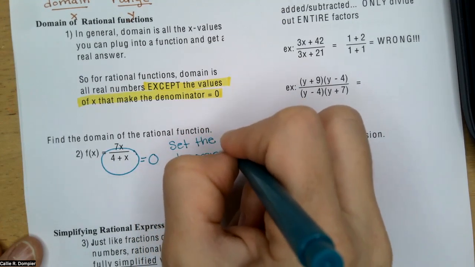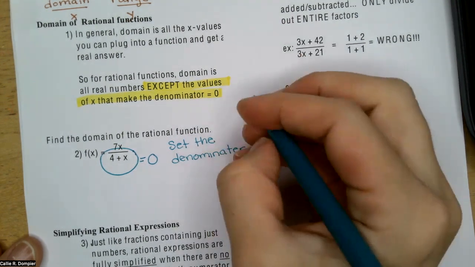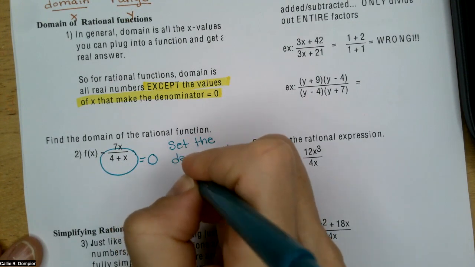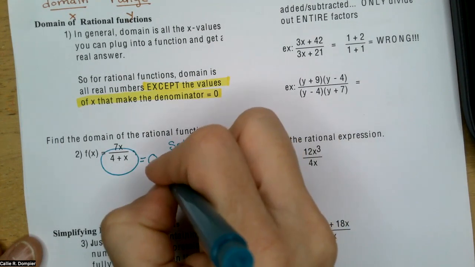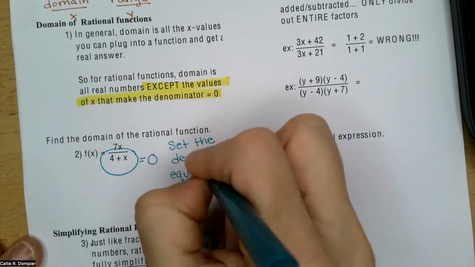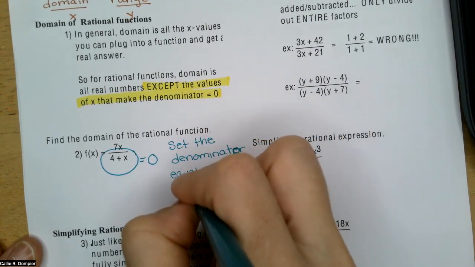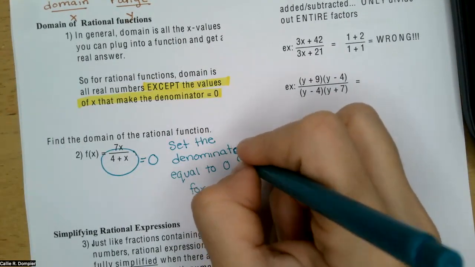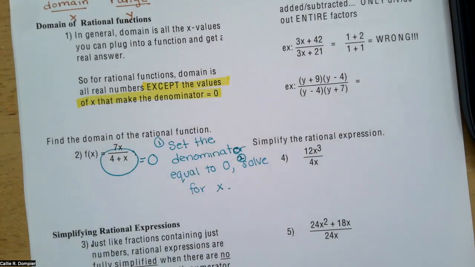Don't do anything with the numerator, okay? Set the denominator equal to 0. This can't be equal to 0, so set it equal to 0. Solve for x. It's 2 steps. Step 1, set the denominator equal to 0. Step 2, solve for x.